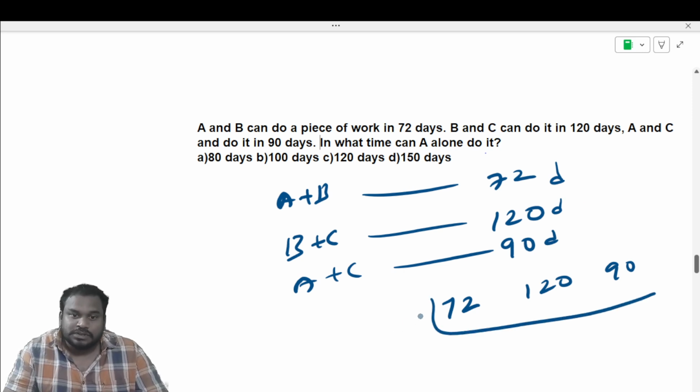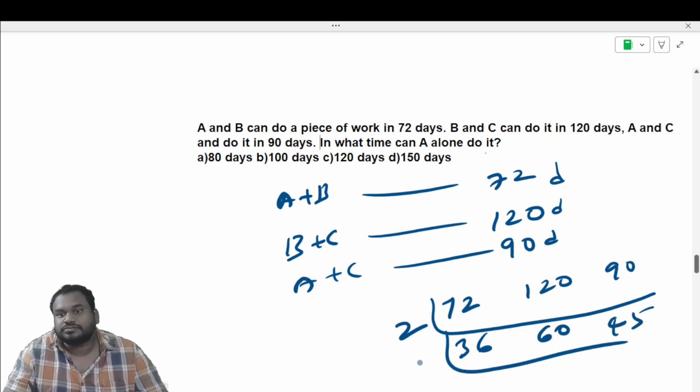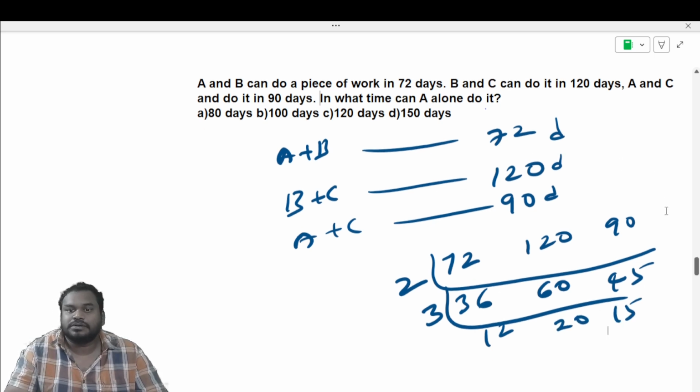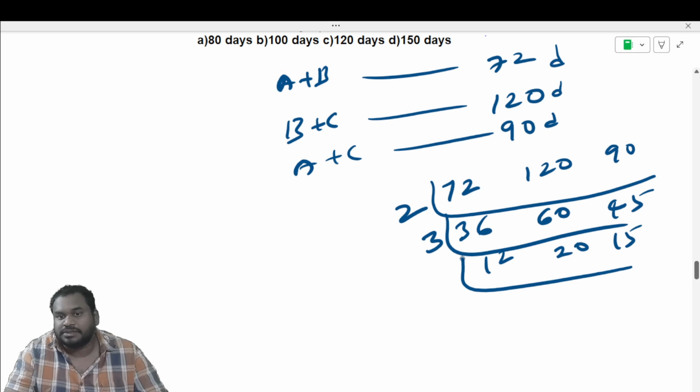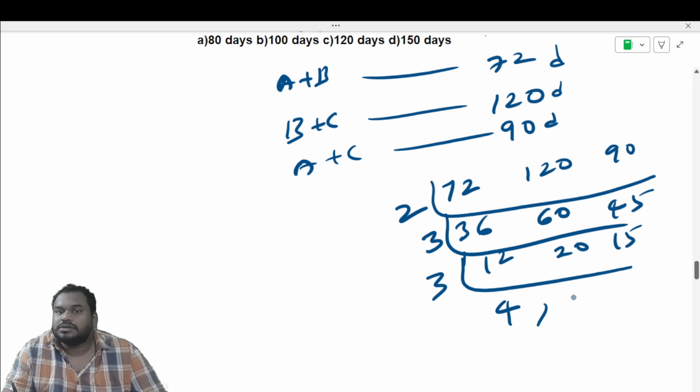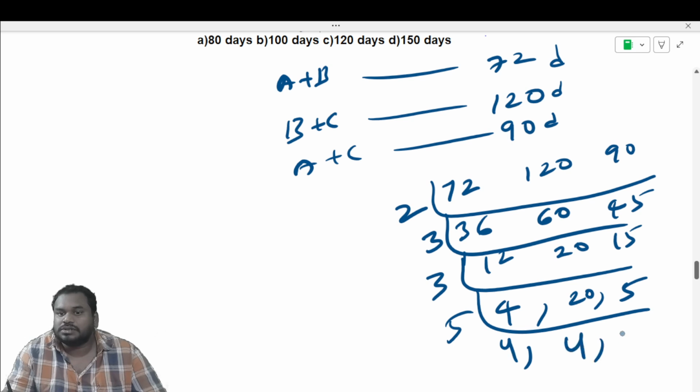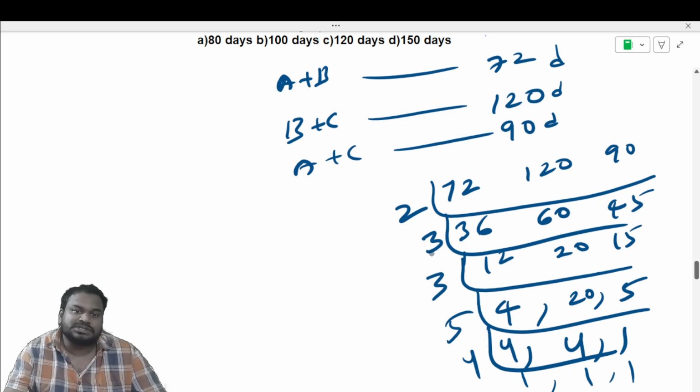To find out the total amount of work, see, most of the people know how to do the LCM, but for those who don't know, I'm telling this. 4 5s are 20, 2 3s are 6, 6 3s are 18, 18 5s are 90, 90 4s are 360.